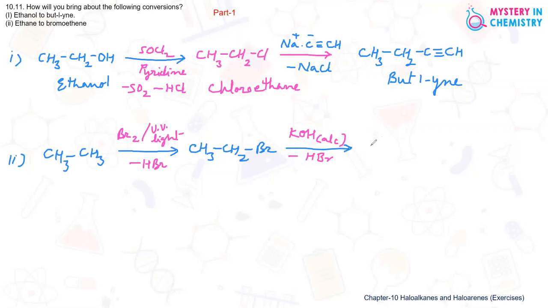This is dehydrohalogenation, and the product which is formed is ethene. So ethene is the product formed, CH2 double bond CH2. So this is ethene, and this is bromoethane.